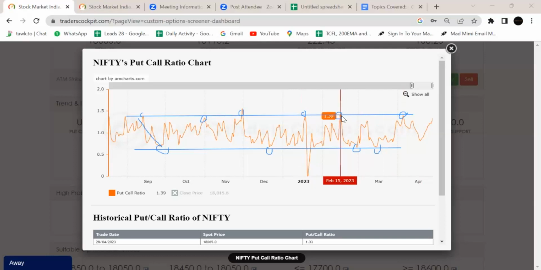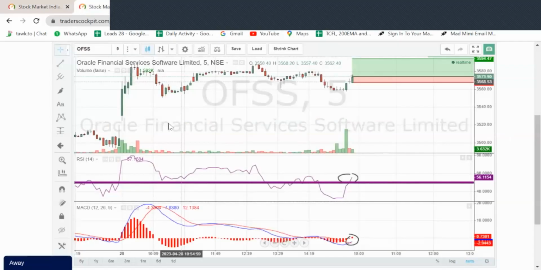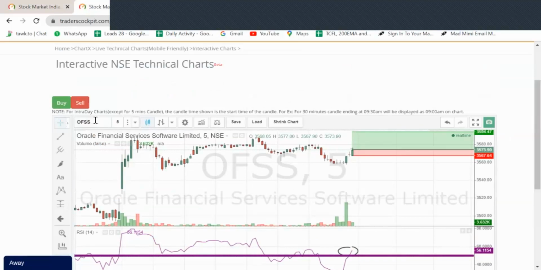What is happening in the market when it touches the resistance? When it touches the resistance, how can you execute your trade in the market, and how have the moves been respected? Now I'll go to the charts and I'll show you the 15th February chart in the Nifty 50.